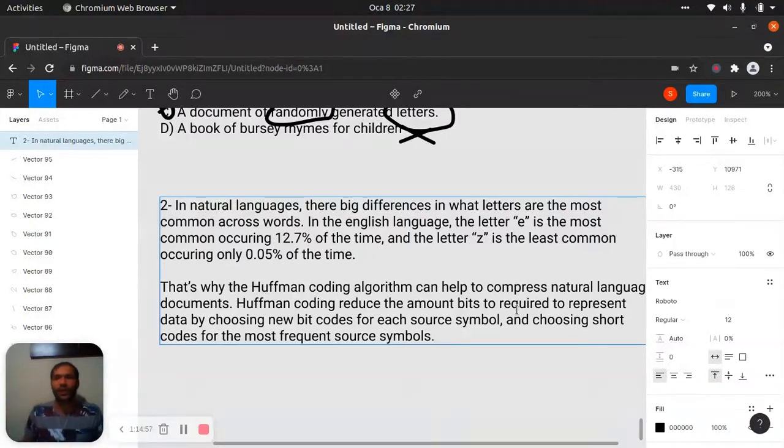I mean, E is recurring there like a thousand times, and we need to represent it with the 1. But Z or L recurring there only 50 times, then we need to represent it with 010, something like that.